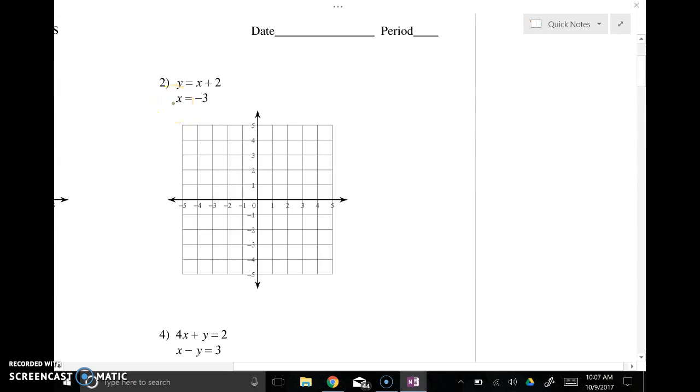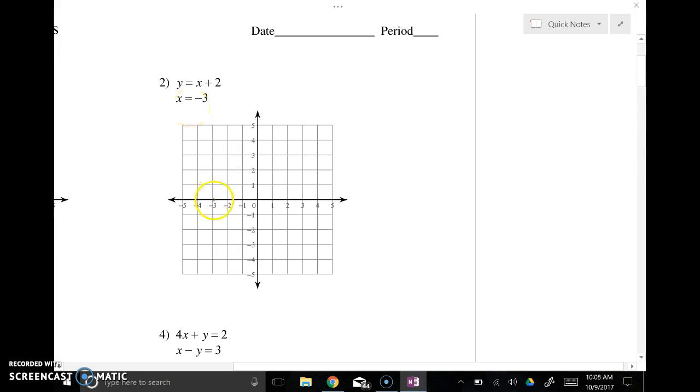All right? Now we're going to do example 2, which has an interesting line, which is x equals -3. So it's not in our y equals mx plus b format because it's not a normal line. What this is saying is that no matter what the y value of this function is, the x values are all -3.